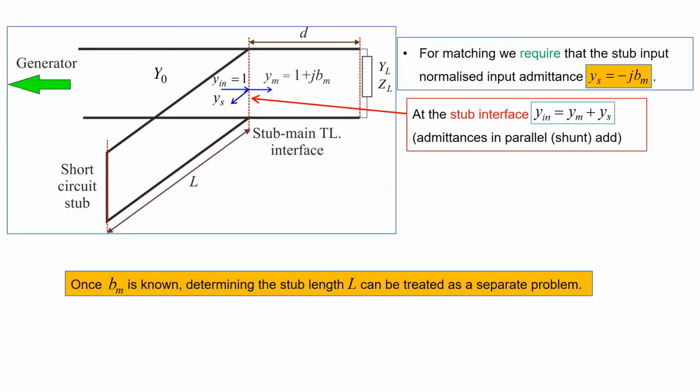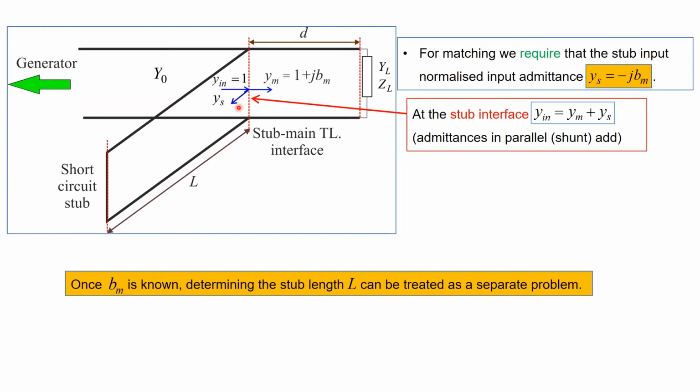So now that we've found D and we found Bm from the chart, we need to next find out the length of the stub required, which will complete the problem. So if we go back to this interface over here, again, admittances in parallel add. So Yin is equal to Ym plus Ys.